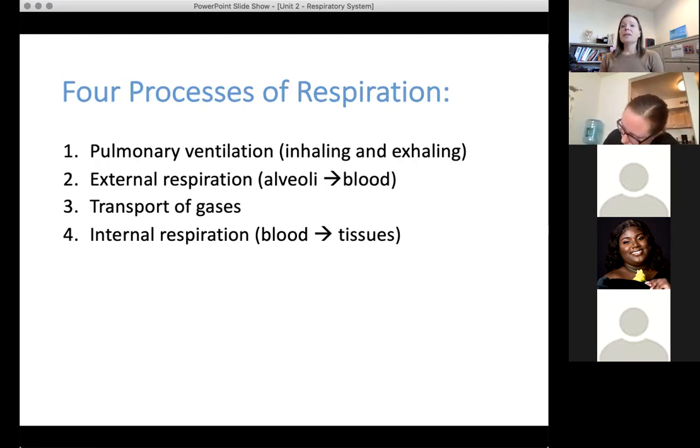So blood transports oxygen from the lungs to all tissues and transports CO2, carbon dioxide, from the tissues into the lungs.